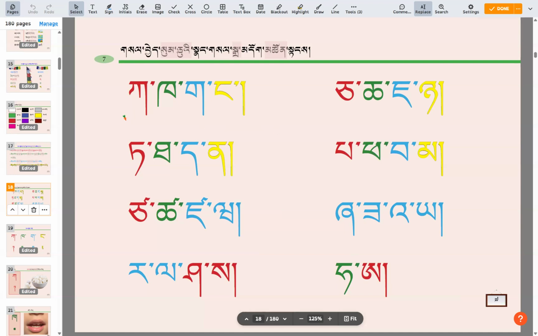So the first row, and I'll read them left to right and then down as they are normally done.